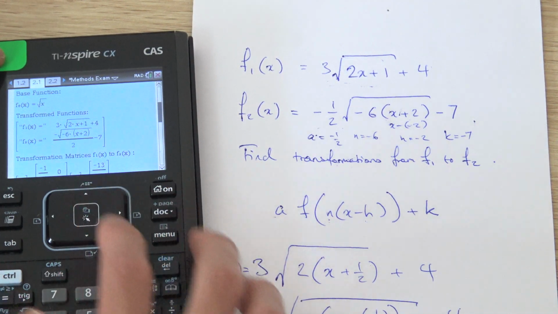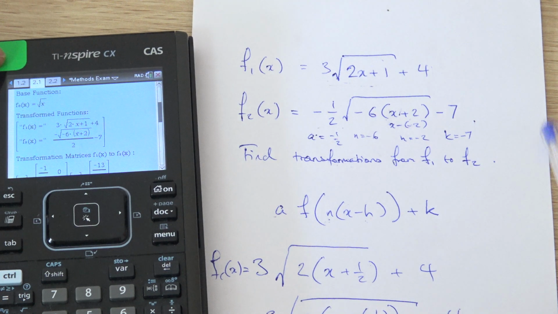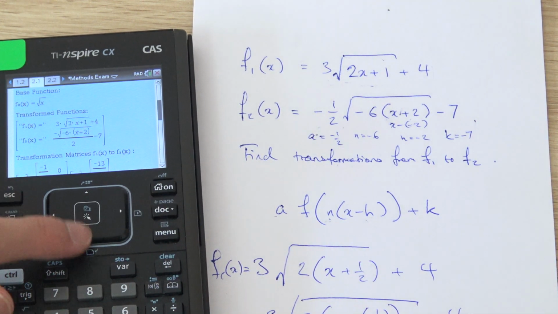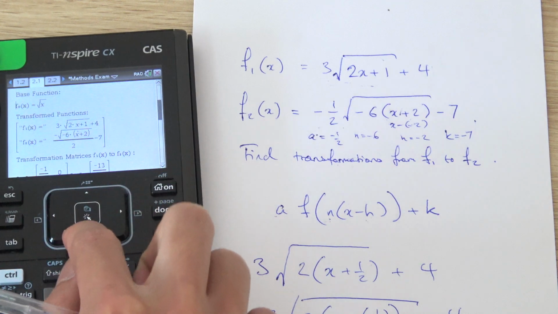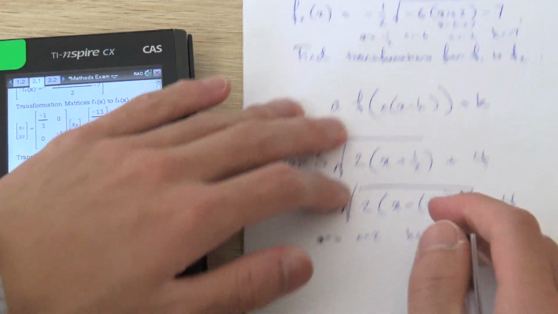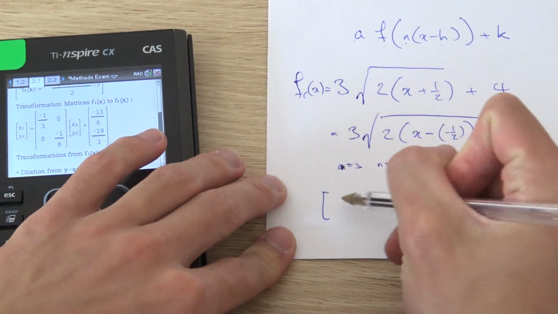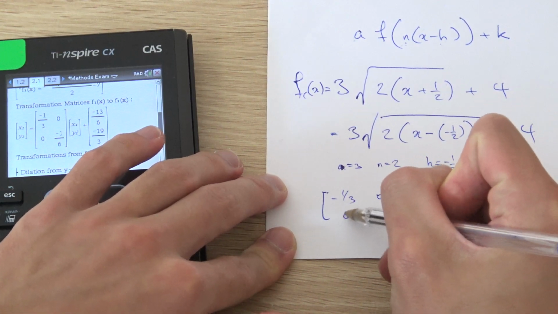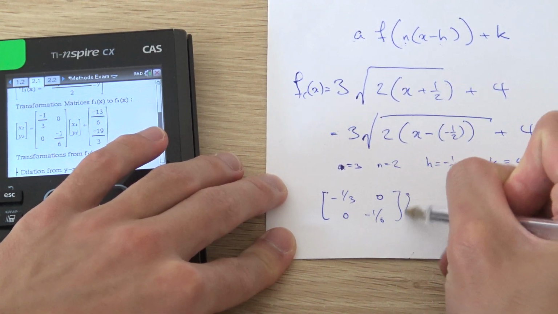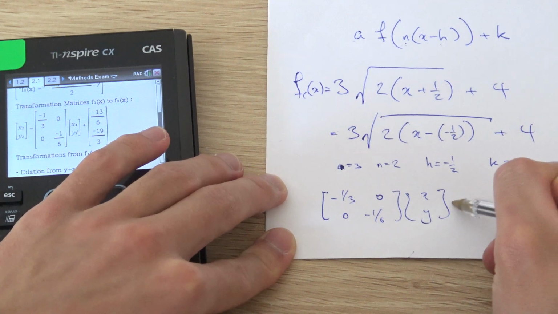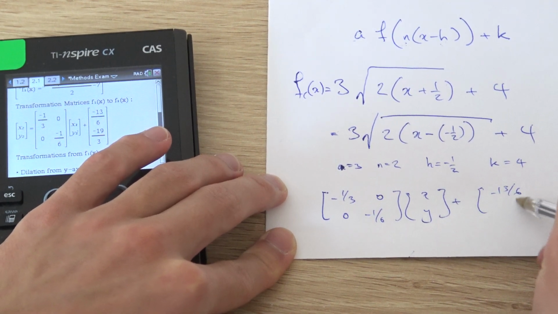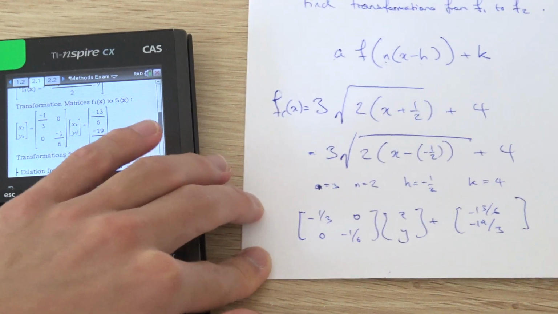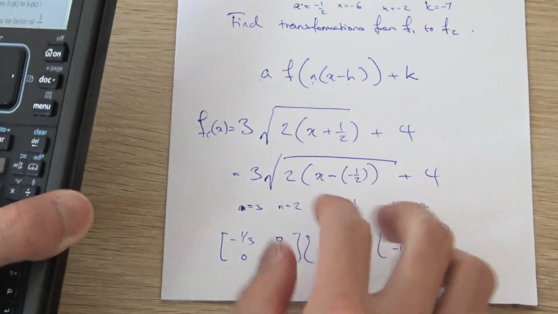So we can actually confirm that this transformation is correct if we just note down the values in the transformation matrices. So the transformation matrices are minus a third, 0, 0, minus a 6, xy plus minus 13 on 6, minus 19 on 3. So that's our transformation matrices.